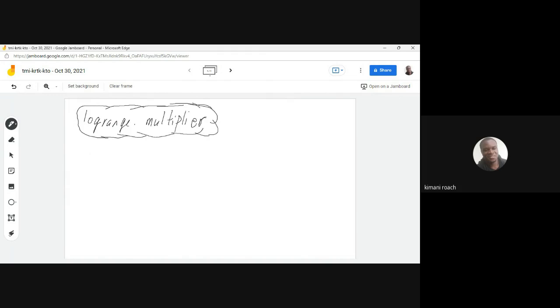So when we talk about Lagrange multipliers, it looks at introducing a variable so that you're able to optimize something based on some situation, right? Given that there is some constraint. And we're going to look at that a little bit more.